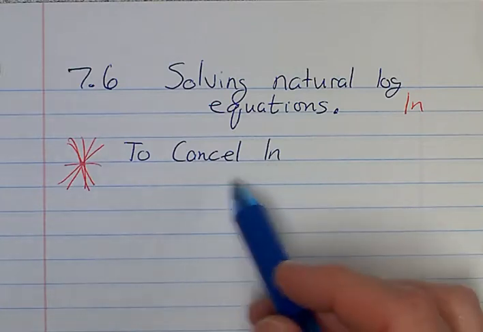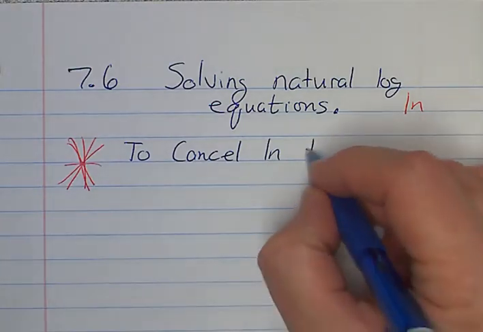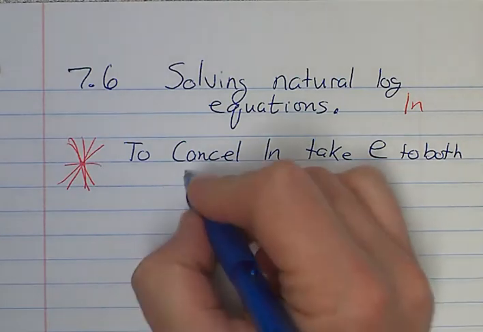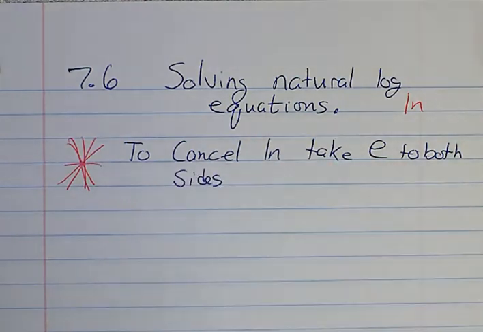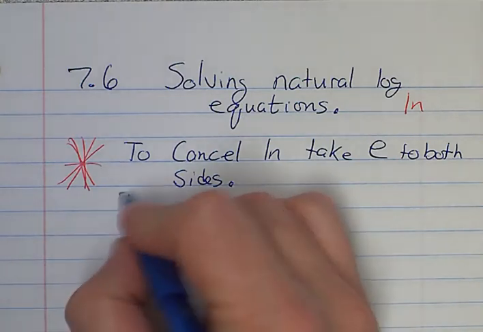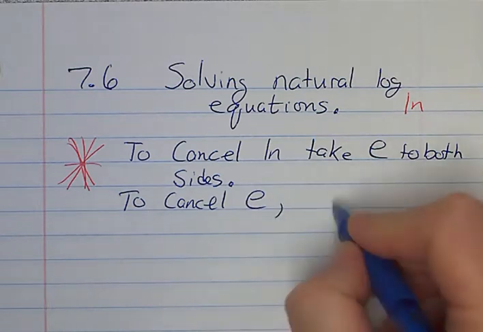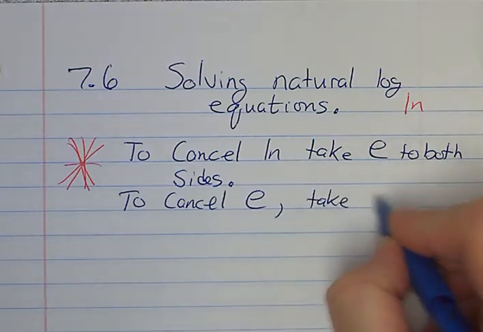So to cancel ln, you're going to have to take e to both sides. And to cancel e, take the ln on both sides.